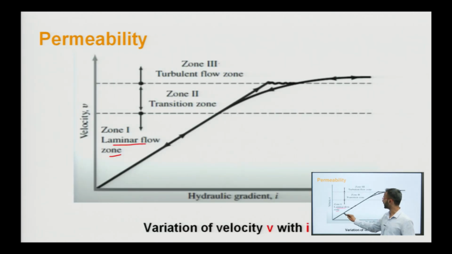So here the laminar flow condition is there. In this, V will be directly proportional to I, but in these other cases the relation will not hold good; some other variable will come in the transition or turbulent flow zone.